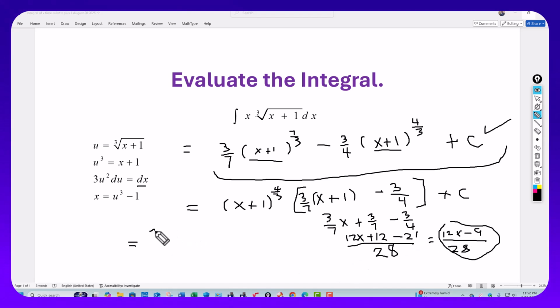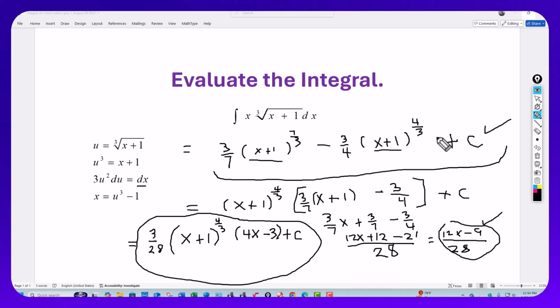So I'm going to put a 3 over 28 outside here. And I've got the x plus 1 to the 4/3. And then over here, I took out the 1 over 28, and I took a factor of 3 here. So that'll leave me then with 4x minus 3. And then I've got plus the constant of integration here.